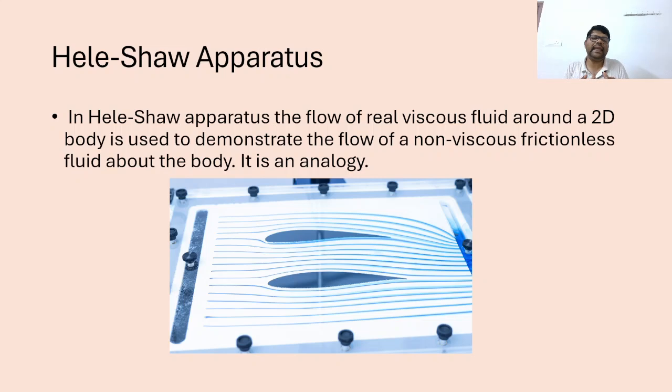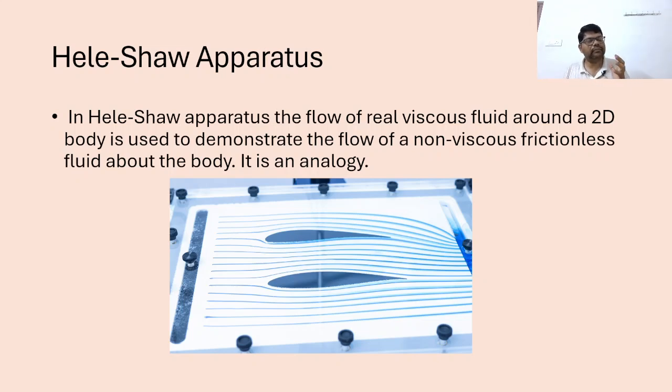So I take another flow problem which is in some way similar or analogous to the original flow problem. In the Elisha apparatus, I do the experiment with the flow of a highly viscous fluid over the same aerofoil.